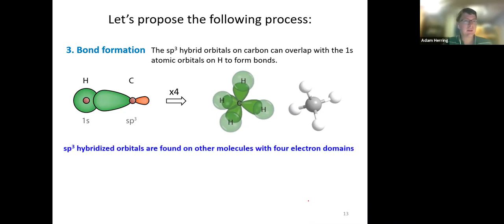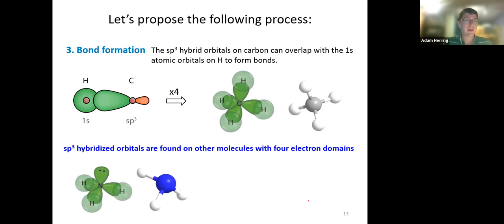These sp3 hybridized orbitals are found on other molecules that also have 4 electron domains. So this process of hybridization, we can extrapolate and extend to any molecule by evaluating the number of electron domains that it has. Ammonia has 4 electron domains, 3 bonding and 1 non-bonding.